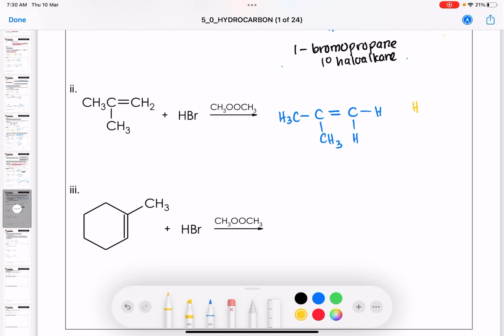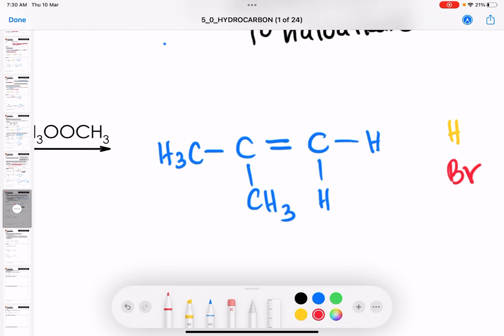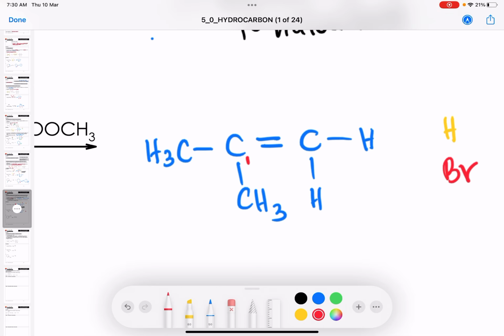So we have H and we also have Br. So where do they go? This is carbon number 2 and this is carbon number 1. Yes, hydrogen will go to carbon number 1 and bromine will go to carbon number 2, following anti-Markovnikov.